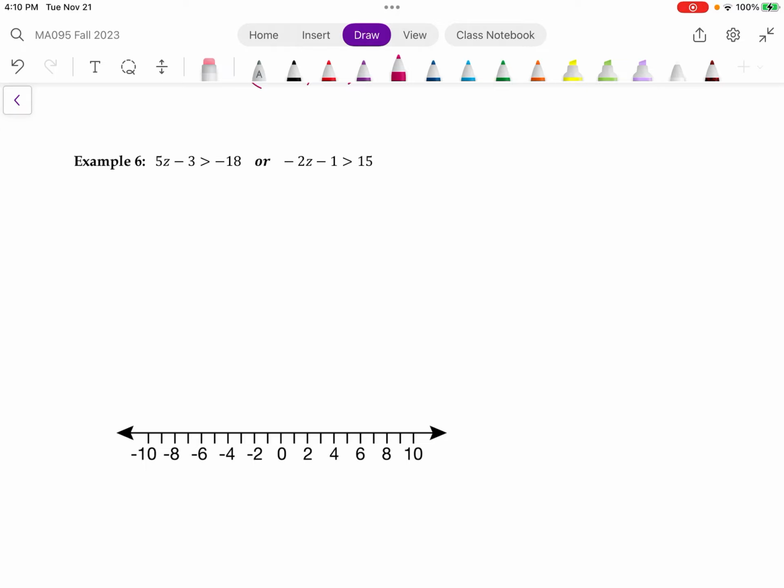All right, so start with adding 3 to both sides here, and I get 5z is greater than negative 15. Divide by 5, and I get z is greater than negative 3. Greater than negative 3 is going to be negative 3 open circle, greater than goes to the right.